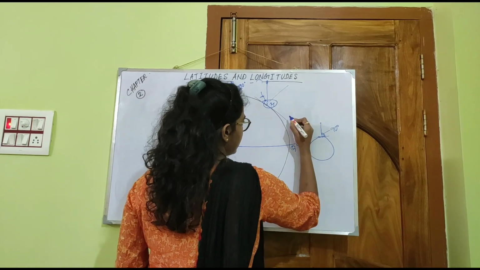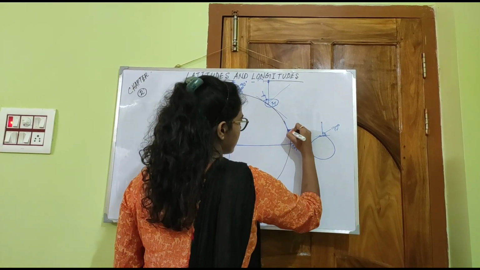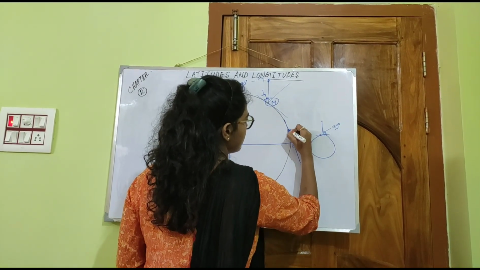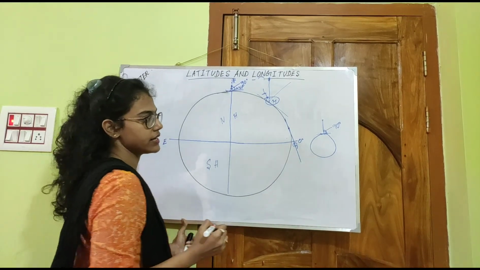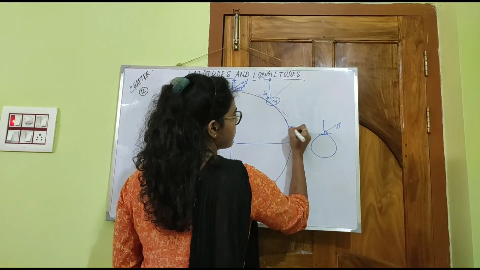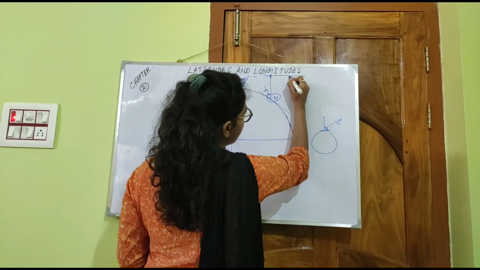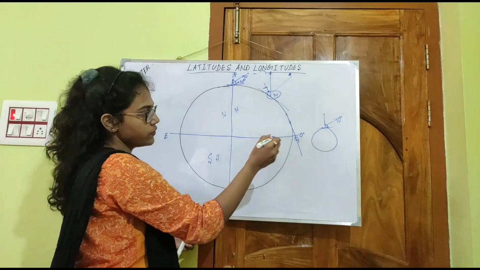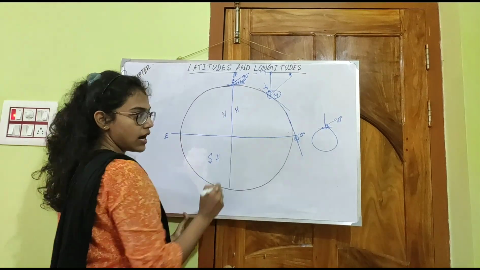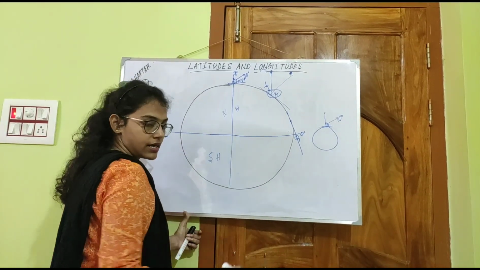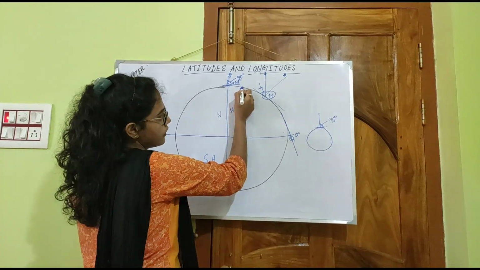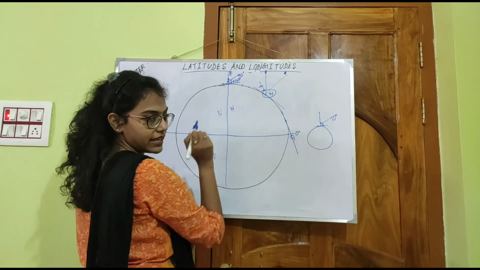Wherever we stand, we draw the horizon line, and from that place we see the pole star. The pole star is not moving. This is our earth, which is circle shaped. When we go from here to here, we see it like that.